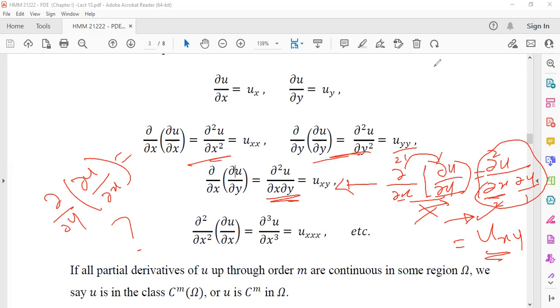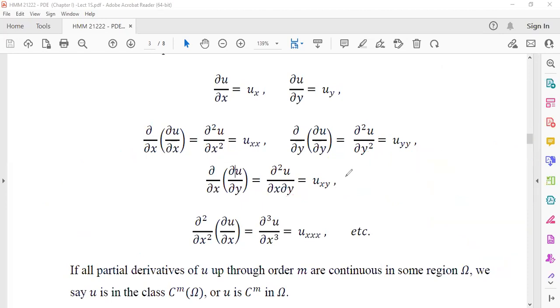Okay, so this is there. You can check this one, right? Partial u over partial y of partial u over partial x. So how will be the next term and the subscripts?